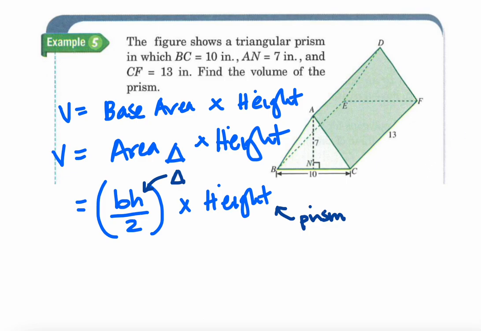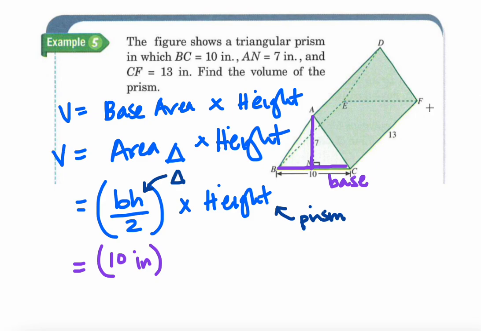Okay, so if we're looking for the base and the height of the triangle, let's do that part first. Well, the base is what's running on the bottom. So that's going to be that 10 right here. This is my base. So it's going to be 10 inches for my base times the height of just my triangle, which is this 7.